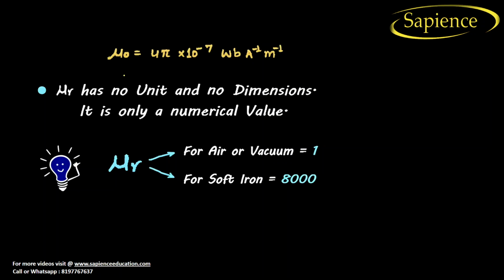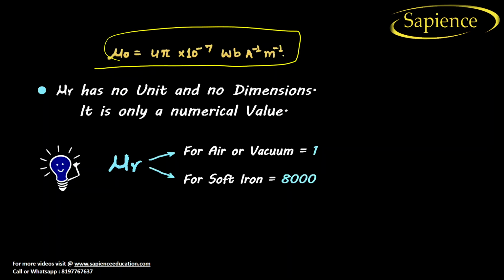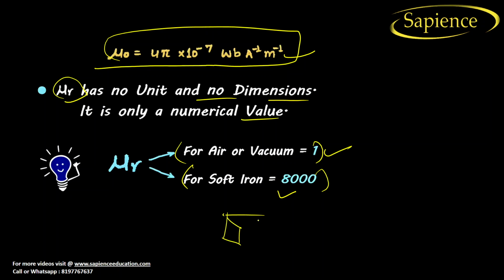Now mu naught has a value of 4 pi into 10 to the power minus 7 Weber per ampere per meter, and mu r, the relative permeability, has no unit and no dimension. It is only a numerical value. For air, relative permeability is 1, and for soft iron, relative permeability is high. It means soft iron has high permeability, so we should use soft iron so that it can permeate the magnetic field very well.